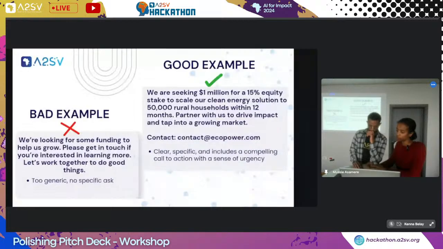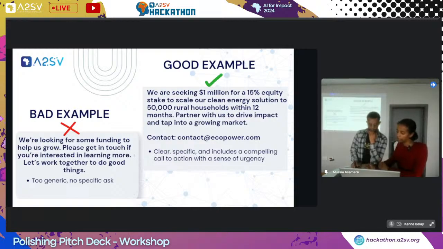For example, if it's equity stakes or looking for partnerships, we want a statement that clearly states how much money we need, how much percent equity our investors can have, what kind of change their investment would have, and how many rural households that would affect. We want them to have a clear idea of where their money is going.